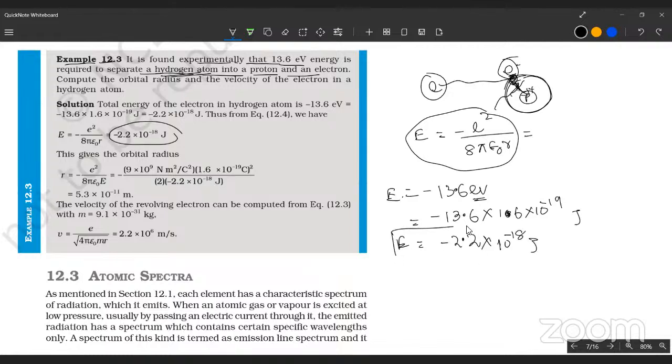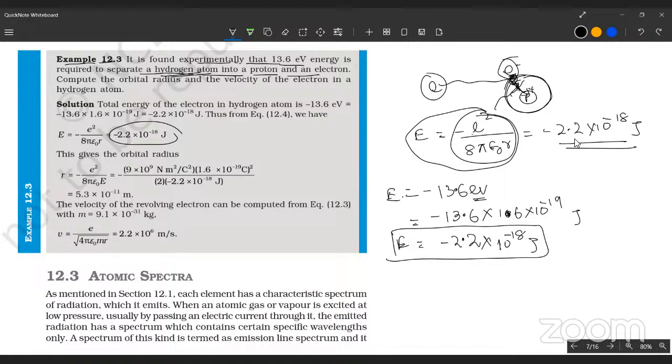So this is the energy the electron is having: minus 2.2 into 10 to the power minus 18 joule. Now it is found experimentally that 13.6 eV energy is required to separate a hydrogen atom into a proton and an electron.